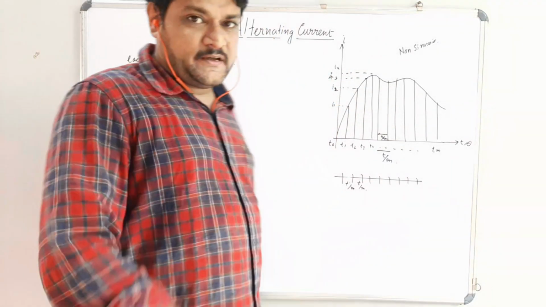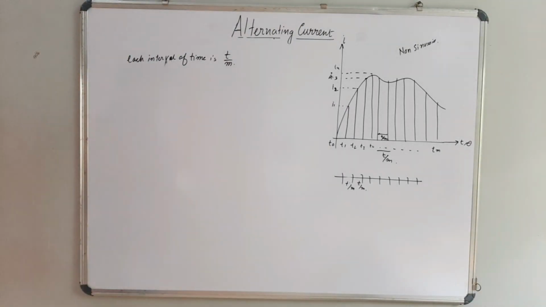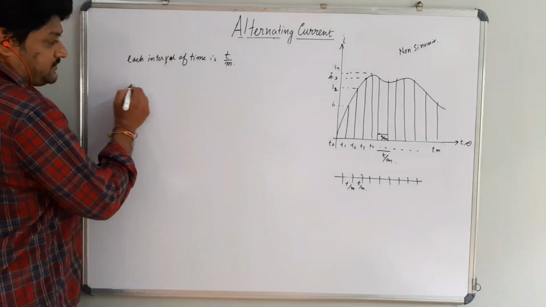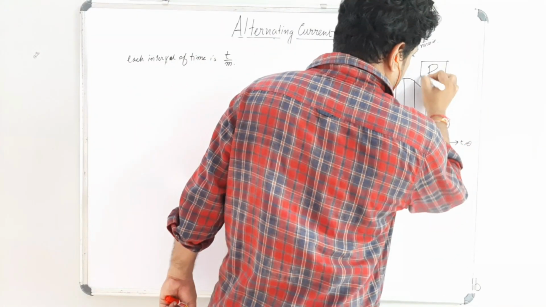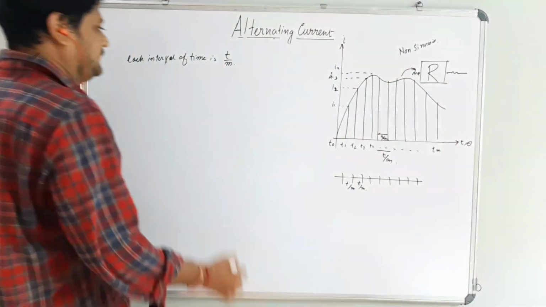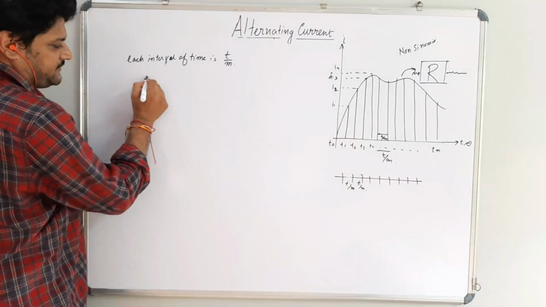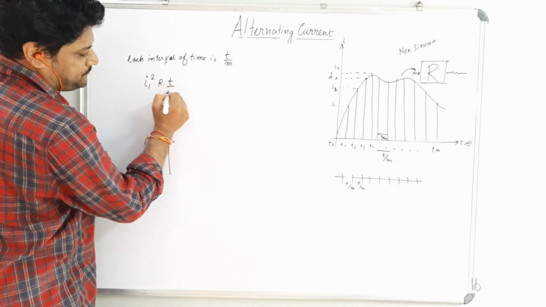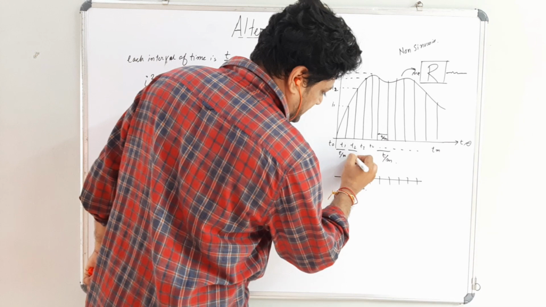If you calculate the heat generated at every instant of time, if this current I is flowing through resistance R, then for this I1, the heat produced is I1 squared into R into T by M. The time for this one is T by M, for this one again T by M, like this.